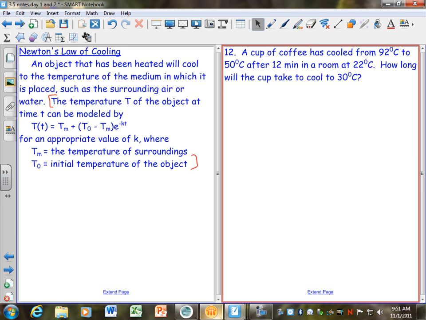Anytime we're doing a scientific formula, they always use Celsius, even though we're used to Fahrenheit. These are normal temperatures of coffee. A cup of coffee has cooled from 92 degrees Celsius to 50 degrees Celsius after 12 minutes in a room at 22 degrees Celsius. How long will the cup take to cool to 30 degrees Celsius?